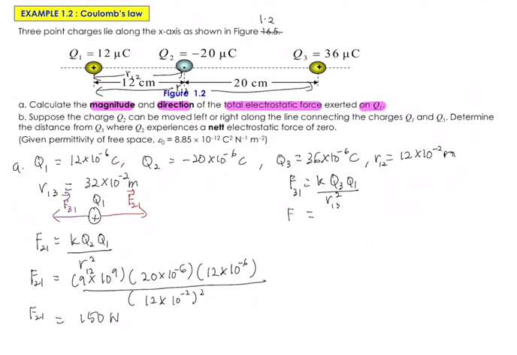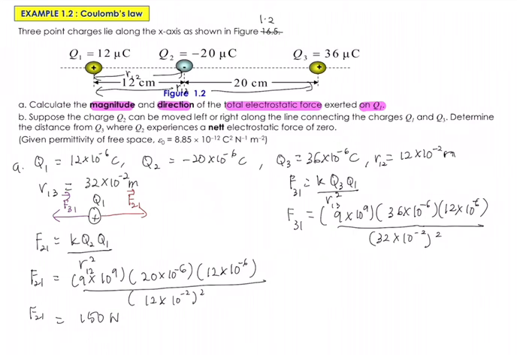Substitute the values: Q3 is 36 times 10 to the power of negative 6, Q1 is 12 times 10 to the power of negative 6, and R13 is 32 times 10 to the power of negative 2 meters. F31 is 38 Newton.